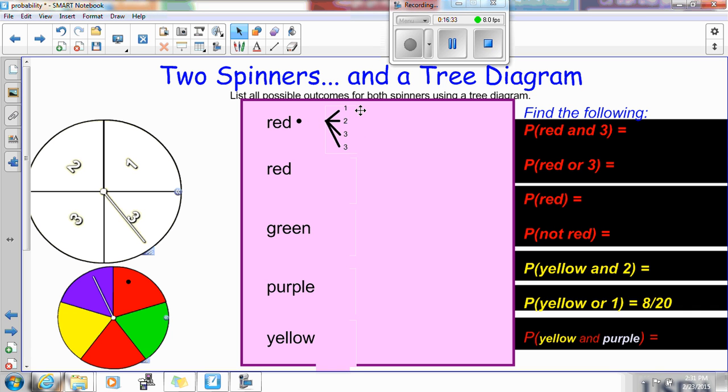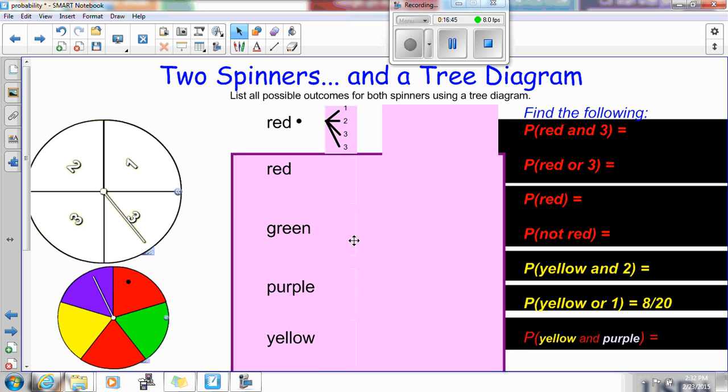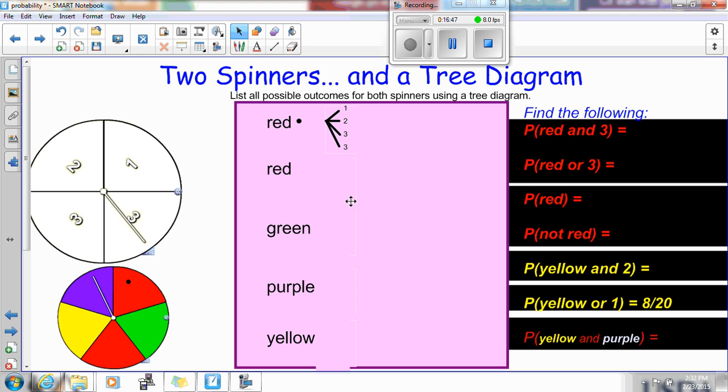The same is true with any color. Any color the bottom spinner lands on, the top spinner could land on any one of these 4 spaces. So all of them have the same options: 1, 2, 3, or 3.